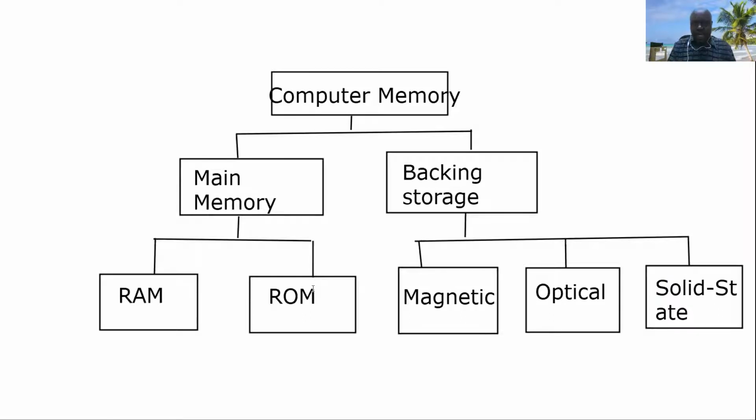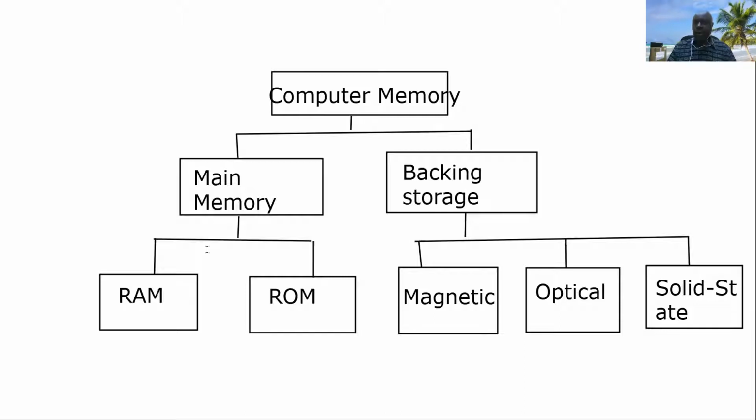So this in a nutshell is the summary of the computer memory. But most of the time when we talk about computer memory, we refer to the main memory and particularly the random access memory.